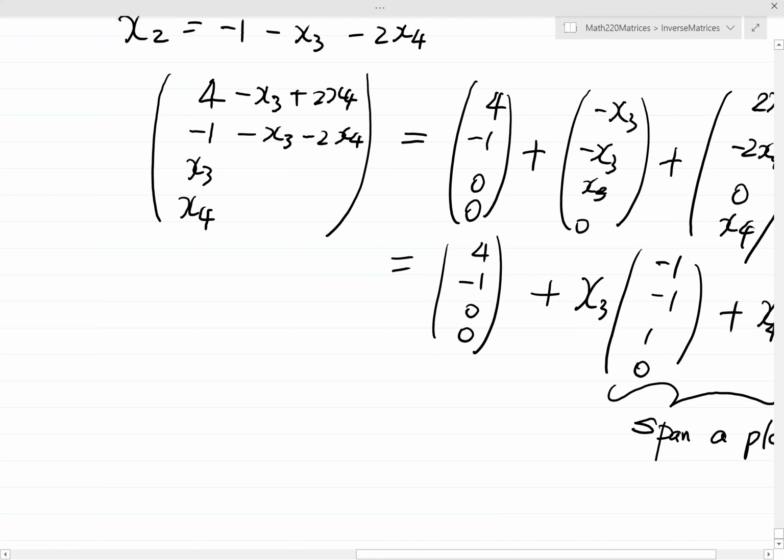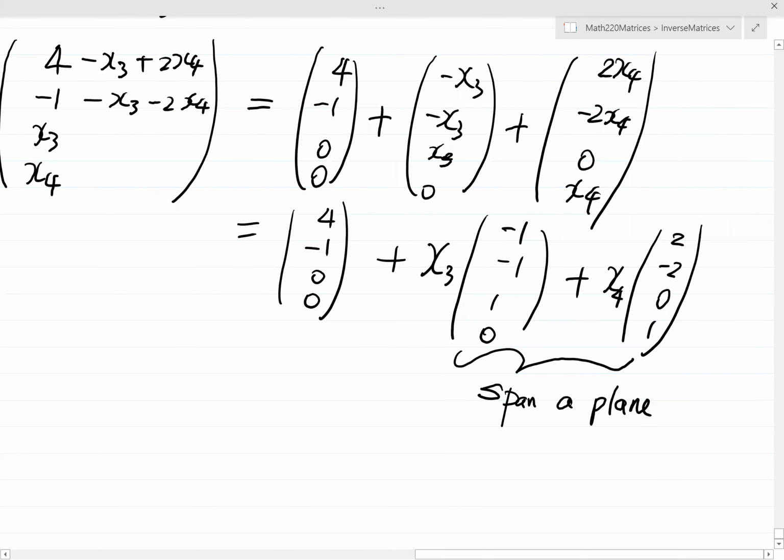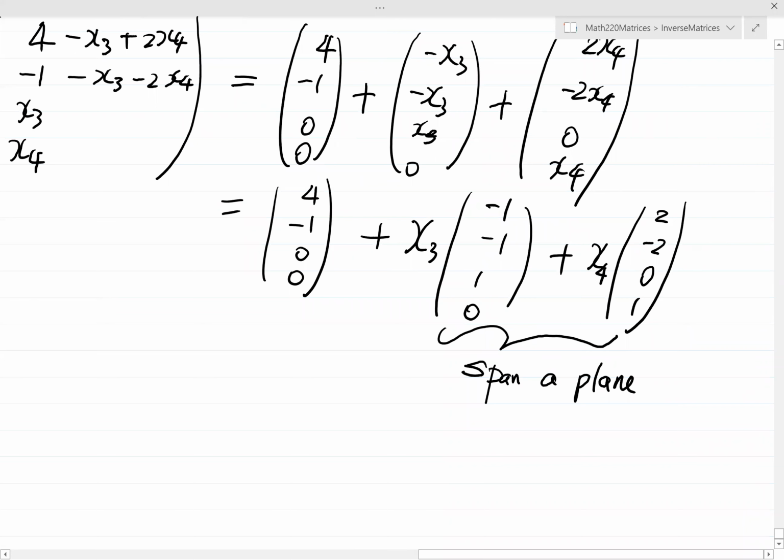So you see, in this case, if a matrix has full row rank, we sometimes still have free variables.